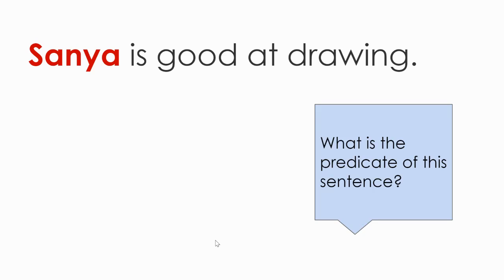What is this sentence telling about Sonia? That's right. She is good at drawing. That is our predicate. Is good at drawing. Sonia is good at drawing. So we have identified the subject and the predicate of our sentences and made sure to go back and include a capital letter to begin and a punctuation mark to end our sentence.